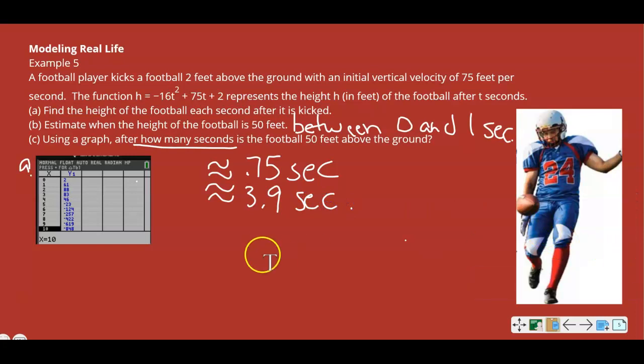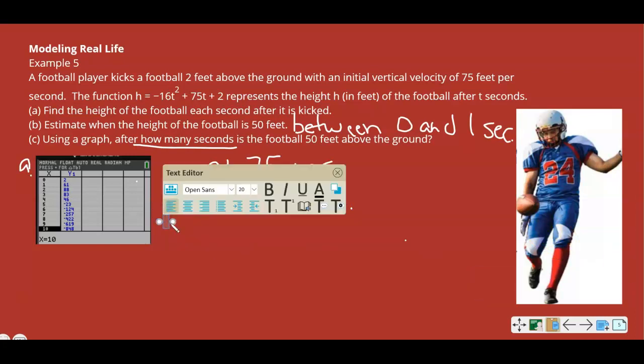If we want to write that, we can say the football is 50 feet above the ground after about 0.75 seconds and about 3.9 seconds.